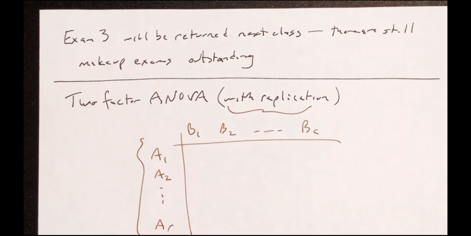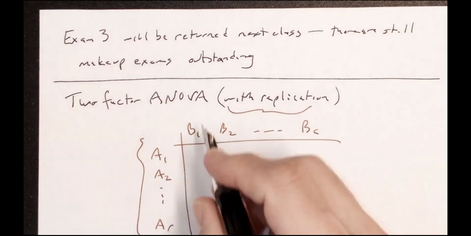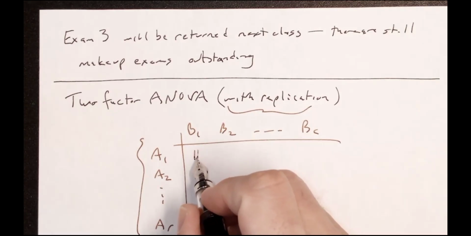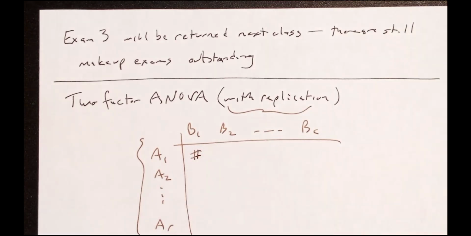In our previous setup, we had one number for each of these combinations. So right here, factor A1 with factor B1, there was one number right there. I think the example we did on Wednesday was drivers going to hotels, right? And there was one time for each combination of driver and hotel.